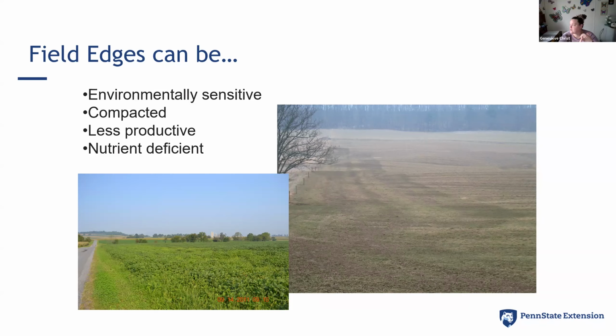And again, when we're thinking about soil tests, we're doing a complete subsample. We want to avoid some of these environmentally sensitive edge areas, but sometimes we also need to test those separately, especially if there's been a repeated history of manure applied to those edges, but they're not part of our actual soil testing program at the farm.